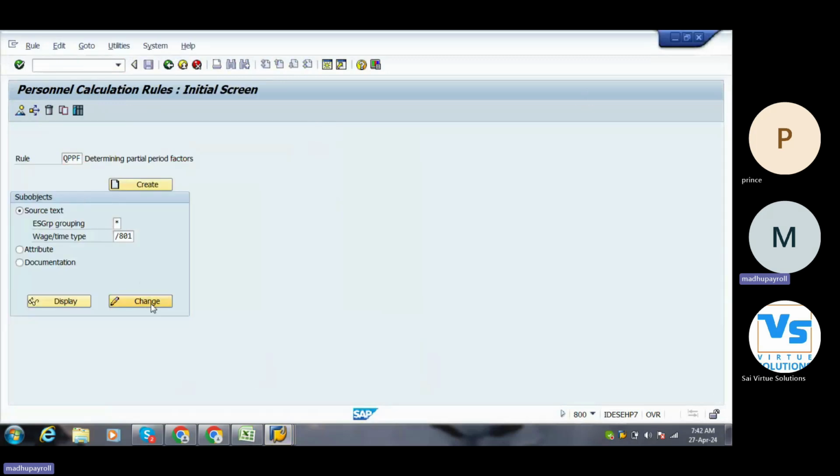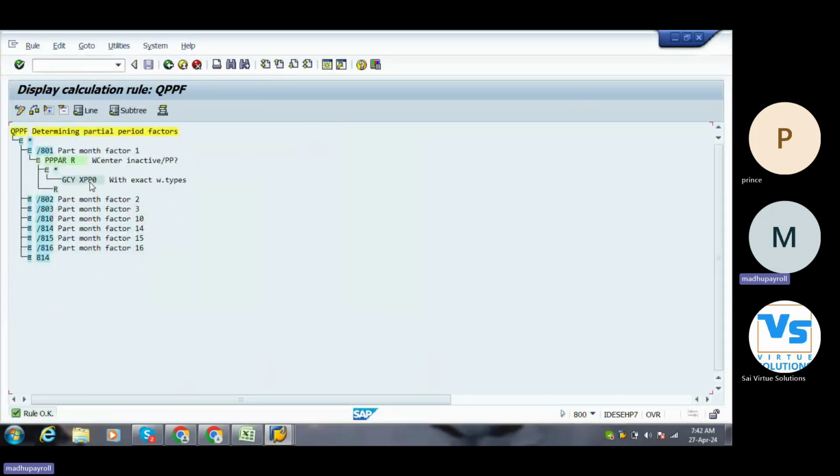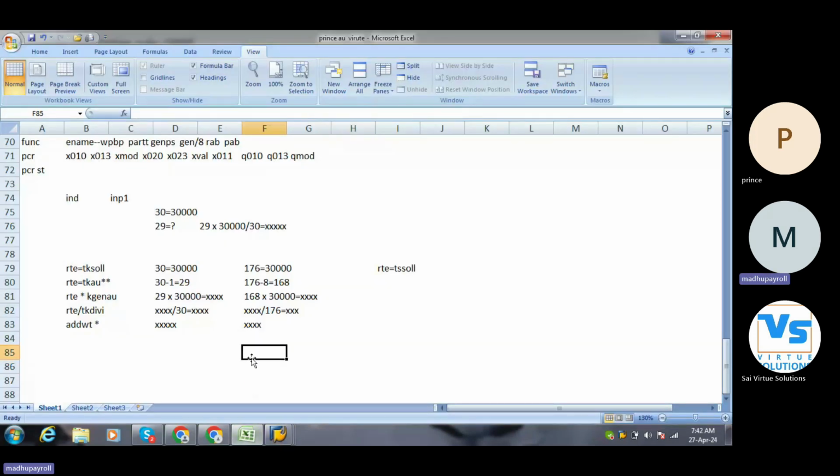QPPF. QPPF contains XPP. When we deliver the product into the market, we should not fool the people or customer. So normally in international payroll there is XPPF. XPPF has a sub PCR, that is XPP0.